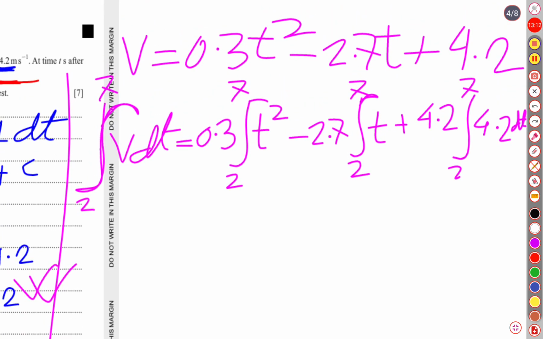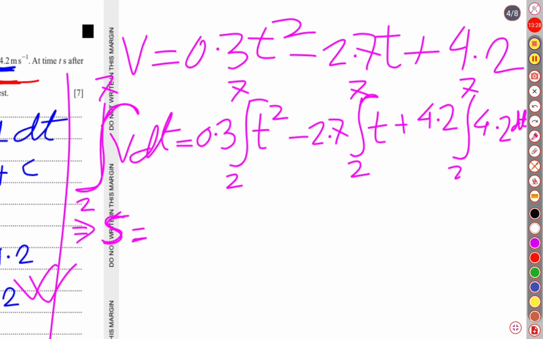If we integrate velocity we get s, meaning displacement. In case of displacement, the power increases by 1. If power increases by 1, it is going to be 3.